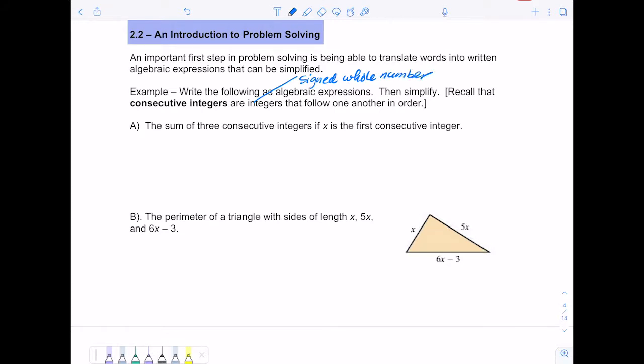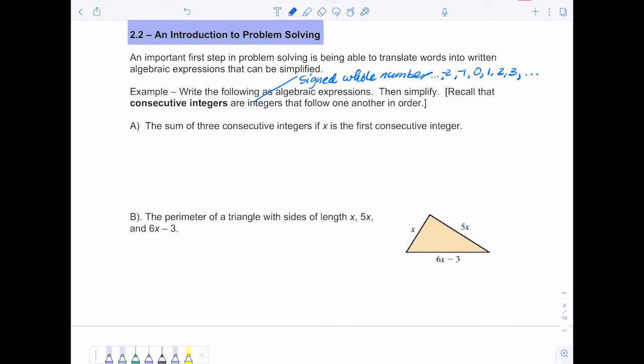The whole numbers are 0 and all the positive numbers, not including any decimals. And when we say signed, we mean positive or negative. So starting with 0, your integers could be 0, 1, 2, 3. Those would be consecutive integers. They're one right after the other, and so on. And if you go backwards, -1, -2, and so on.